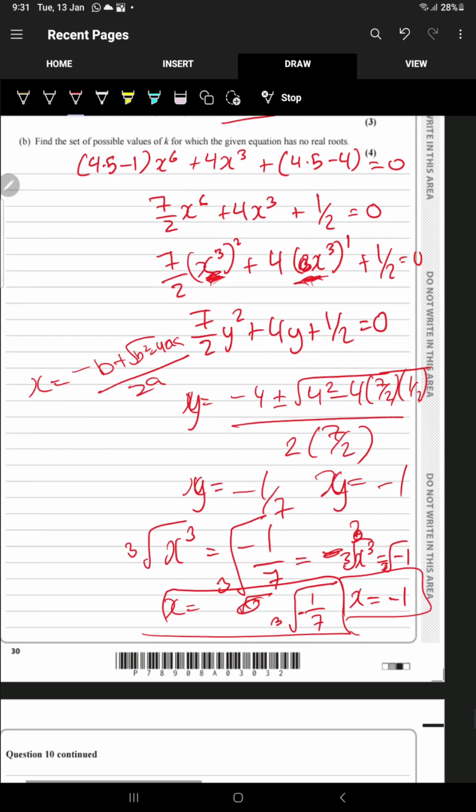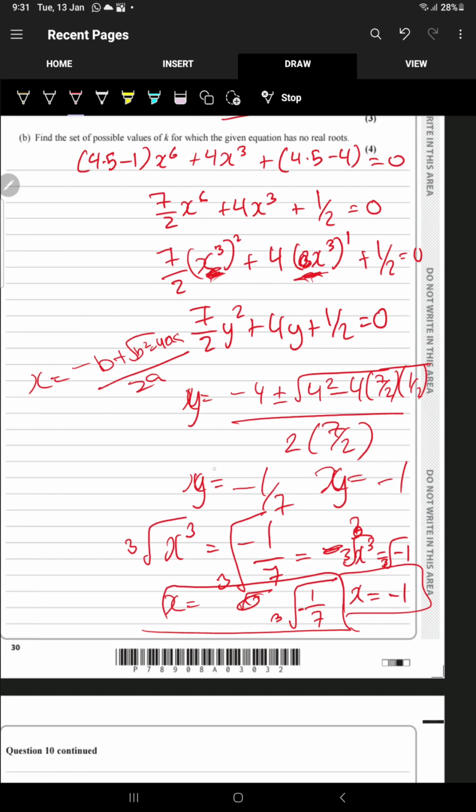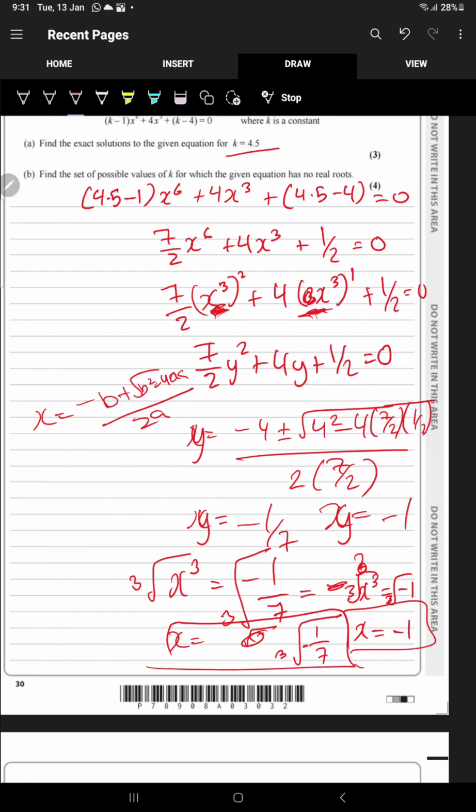This is basically a hidden quadratic question. Find the set of values of k for which the given equation has no real roots.